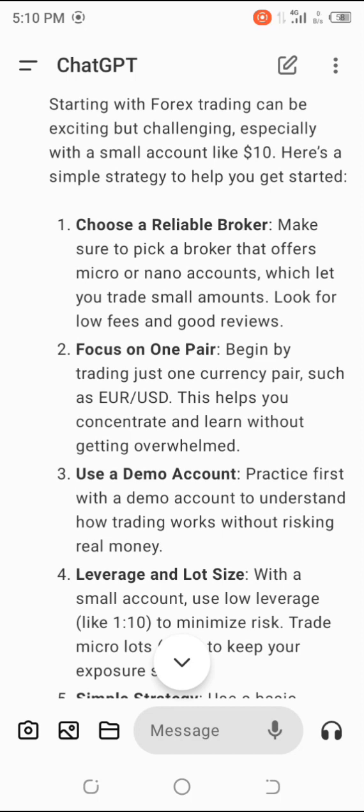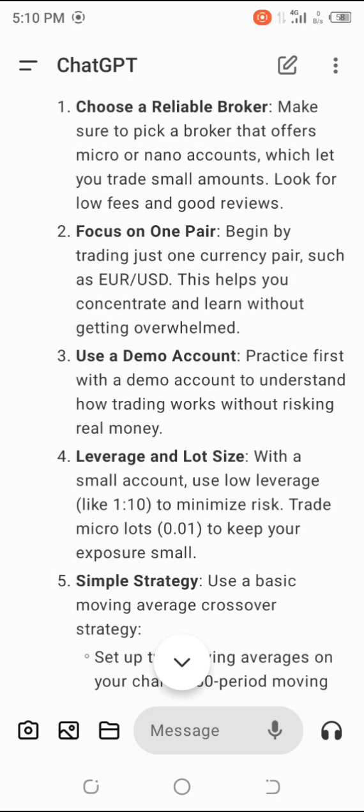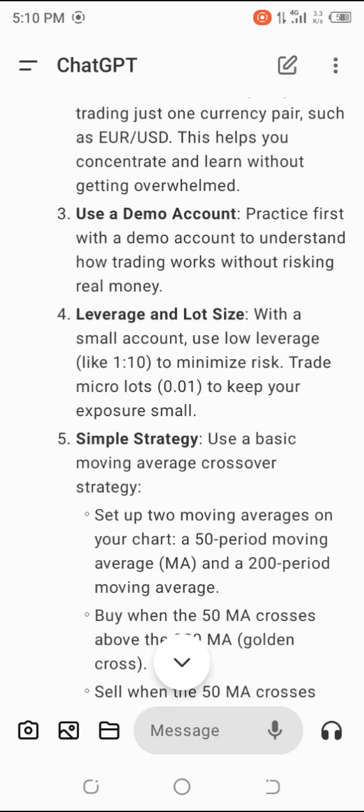Focus on one pair. Because I have a small account, I have to focus on one thing and be determined to get the maximum out of it. Alright, so it said I should use a demo account to practice first. That's number 3. Use a demo account to practice so that I can understand how trading works without risking real money.